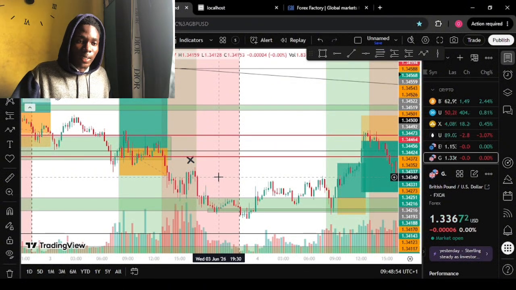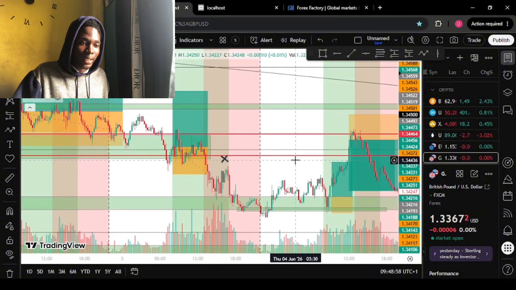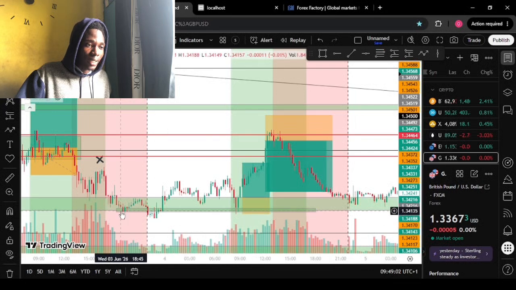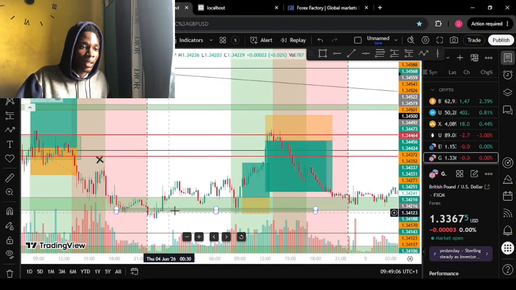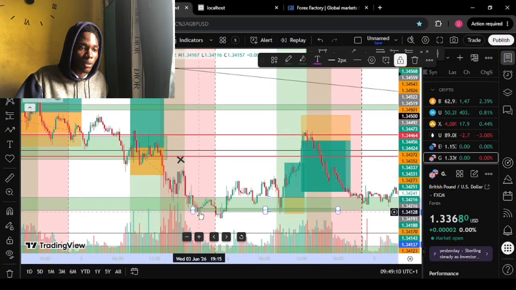So on Wednesday, that was when I caught this trade, and as you can see, price rejected off of this region, and I mapped it out. And this is a zone. Normally this is a zone here, so I just mapped this mini zone here as well.